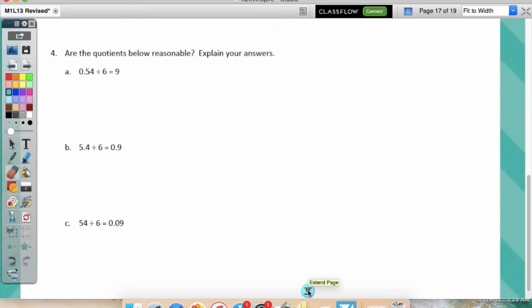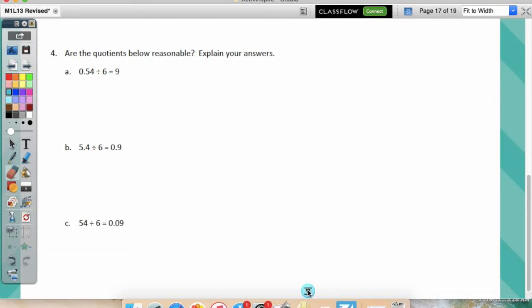Okay. Let's keep going. This is kind of fun. It's kind of like a true or false. It says, are the quotients below reasonable? Now, what did we just talk about? If I divide a decimal by a whole number, my place value does not change, okay? Apply that rule here. 54 hundredths divided by 6 equals 9 ones.